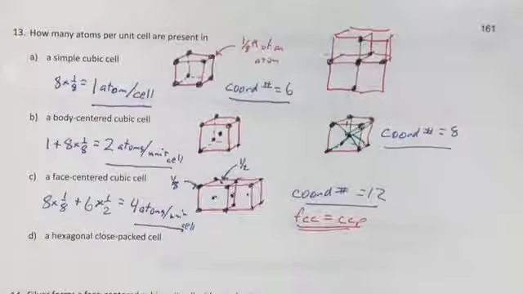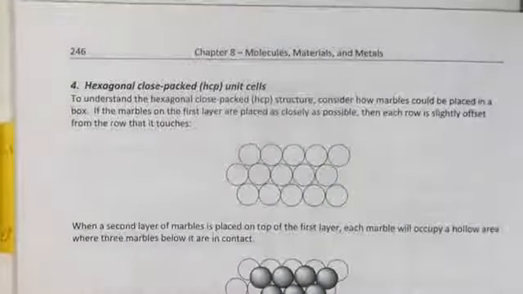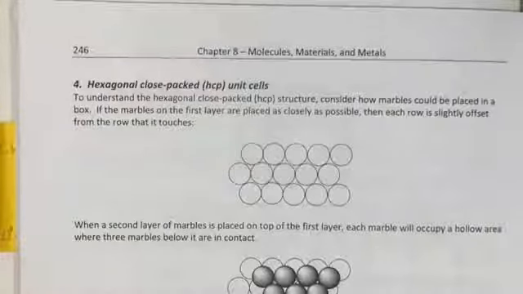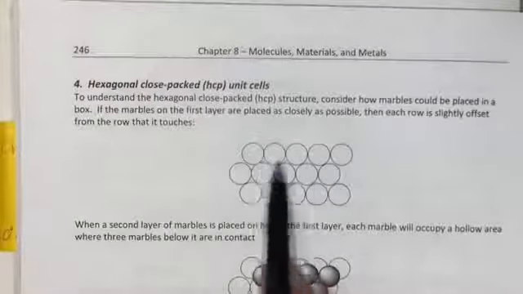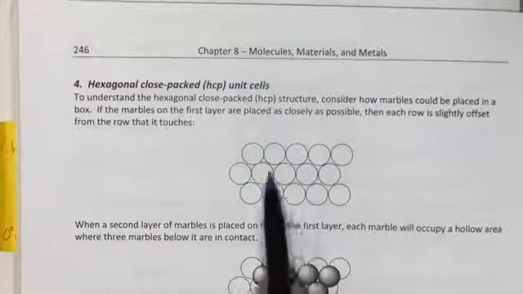When we look in the textbook, on page 246, for a hexagonal close packed, it's not a cubic structure. Instead, on the lowest level, the atoms are packed as closely as they can be here.